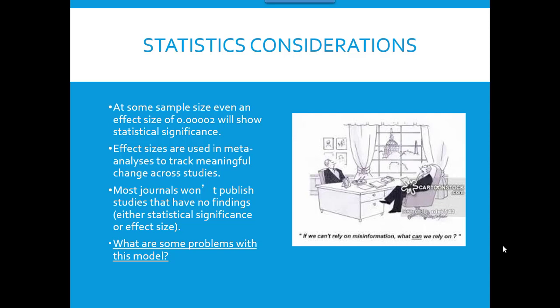If something is not statistically significantly different, journals won't publish it. Or if it's not statistically significantly related, journals won't publish it. So what is a big problem with this model? Well, remember that statistically significant differences or relationships are just based on chance. Let's say that you had 100 people do the exact same study, and 95 of them found nothing at all, and 5% of them did.